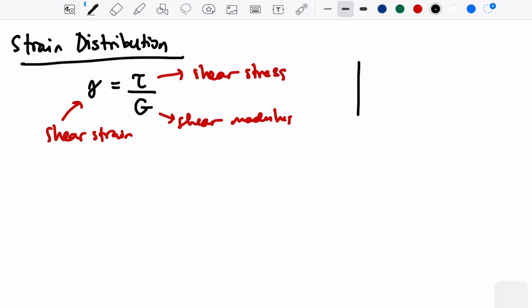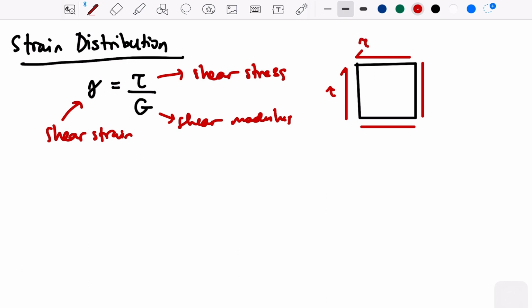Now, based on our schematic diagram for the tau, when the strain happens and the maximum value is happening, we can draw this square as this.